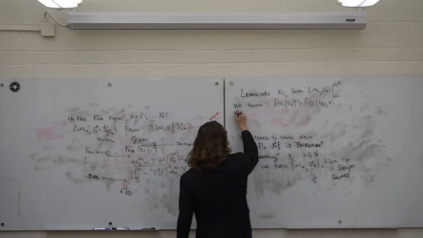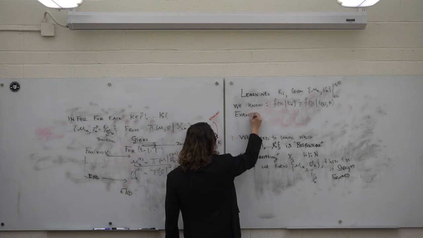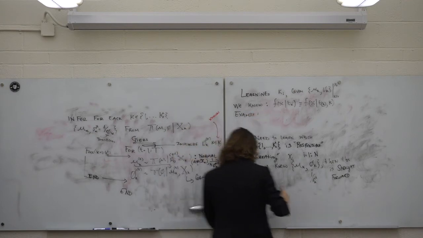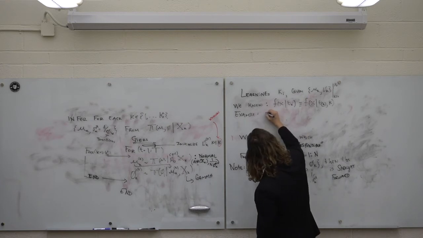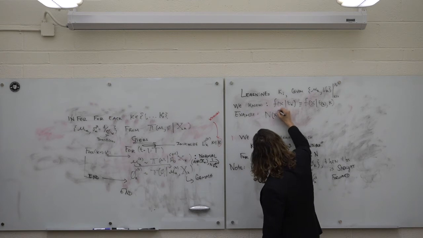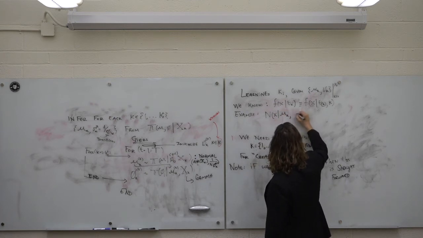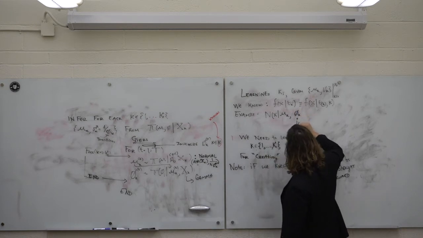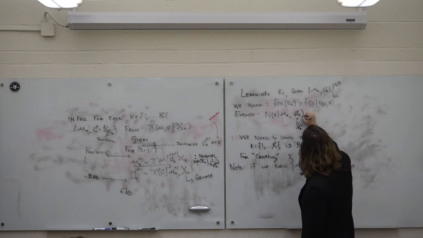So in our example that we're playing around with, we're going to have n of x given mu k and phi k, 1 over sigma k, if you'd like to parameterize it that way.